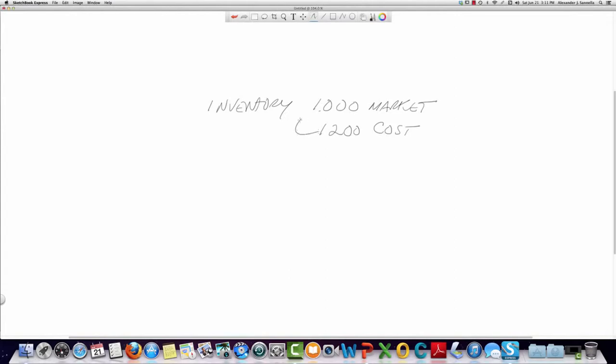You would have to report this at the lower of cost or market. You can't show any items on the financial statements that are above what we expect to realize in the marketplace. So in this case, we would have to write this down to 1,000. That would be following GAAP.